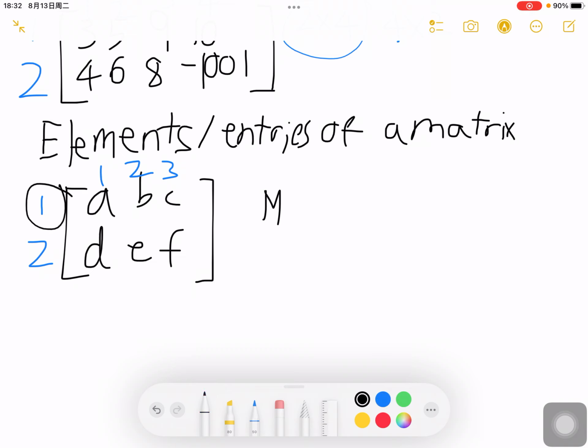So the row comes first, so we have M1, and then we put a comma, and then the column. So in row 1, which column? Column 2. This is going to be equal to B. So pause this video and try describing, let's say D. So what's equal to D? Well, we go for the row, and then we go for the column. So M21 is D.